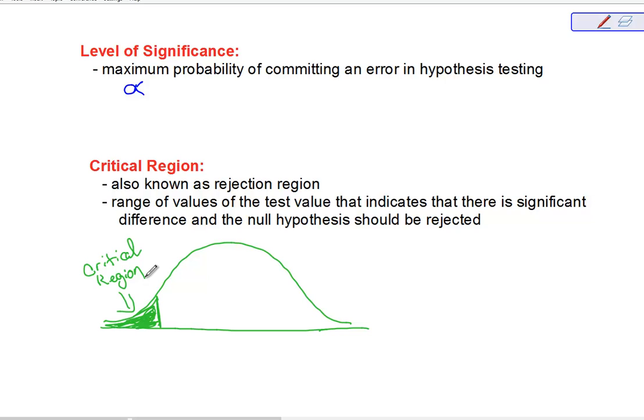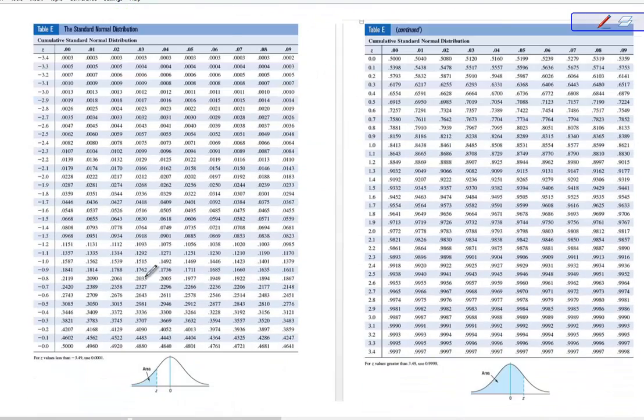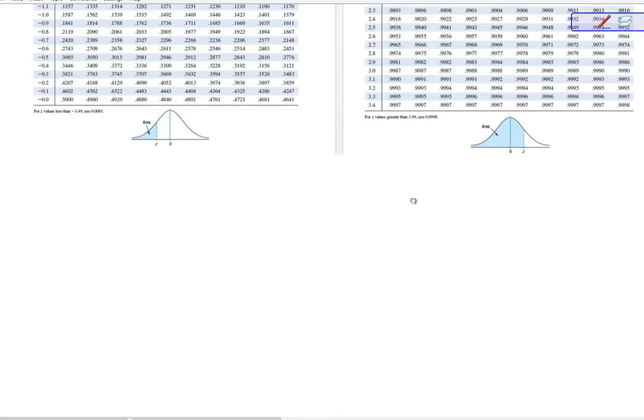So if a value falls in the rejection region, we're going to reject it. What we do is we have to look up our alpha again on our standard normal curve in here and find the z value that corresponds to it.